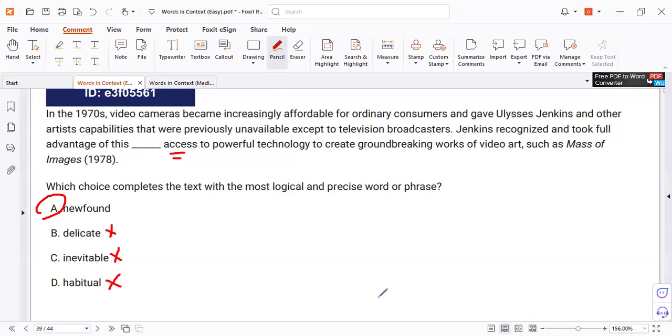That's it. As he mentioned, powerful technology, great breaking. Look, he said here it was previously unavailable. In the past, it was unavailable. After discovering, we take advantage of the discovery. So found it means discover. Recently means new.